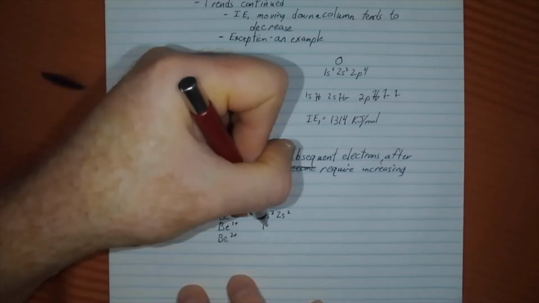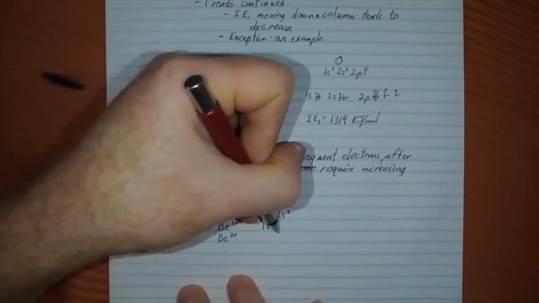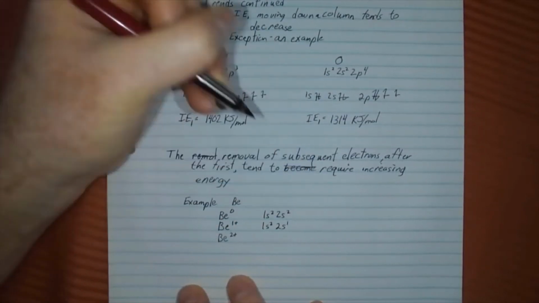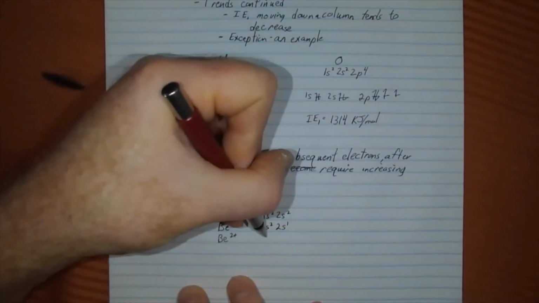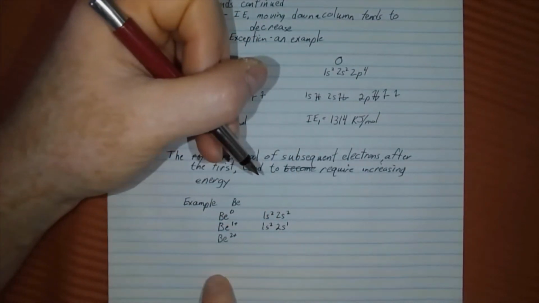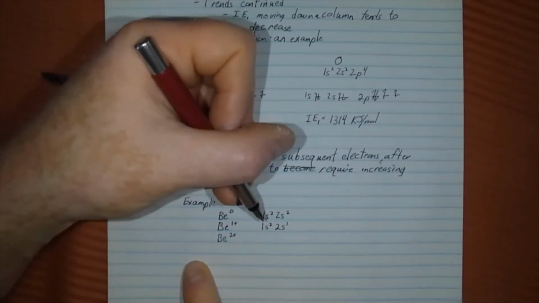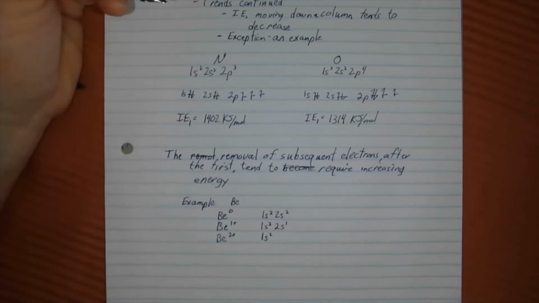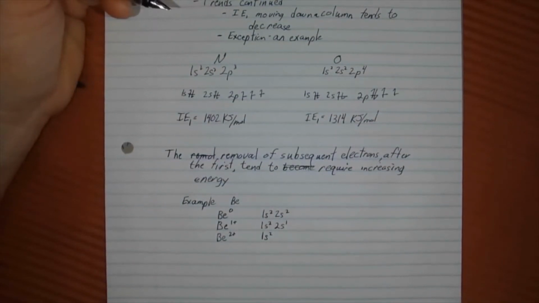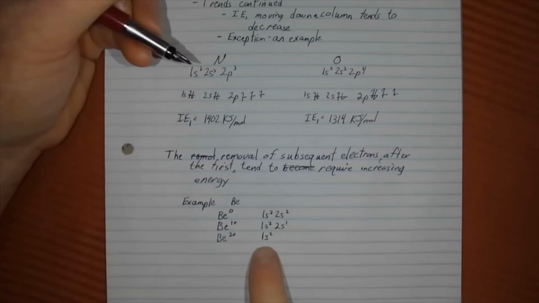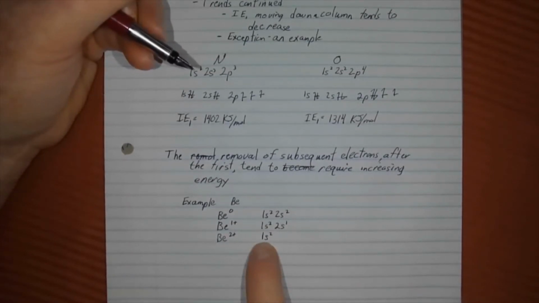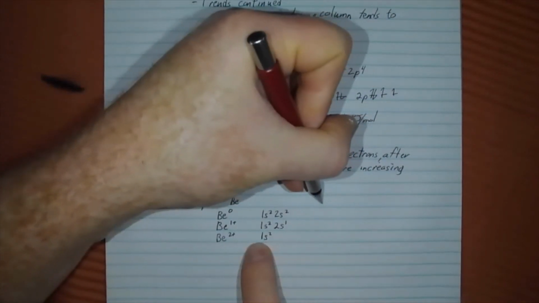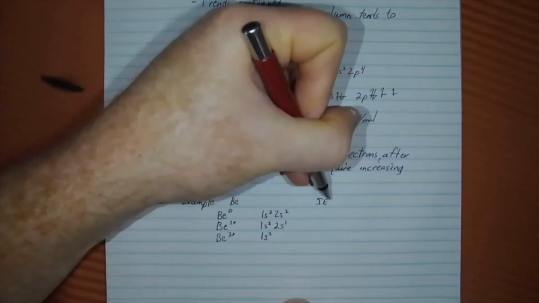We remove an electron, we go from 2s2 to 2s1. And you can think as you go down here, the Z effective increases, making it harder and harder. You have more positives holding on to those negatives. And a beryllium 2 plus has an electronic configuration of 1s2, which is isoelectronic with helium.